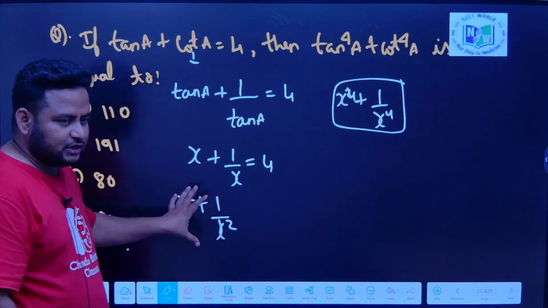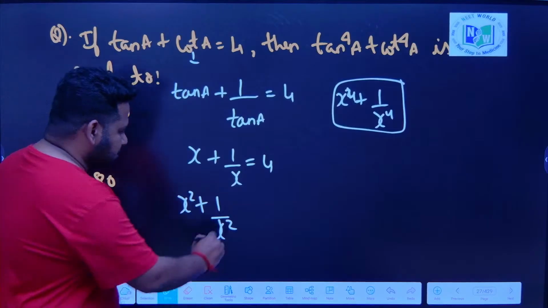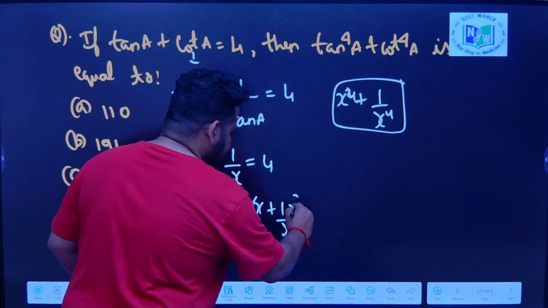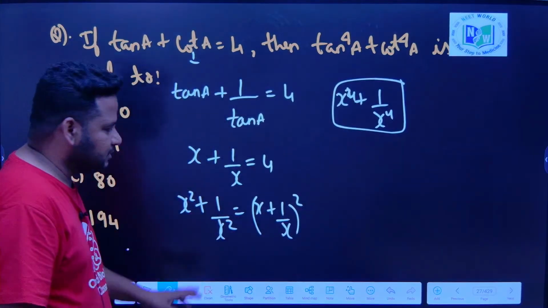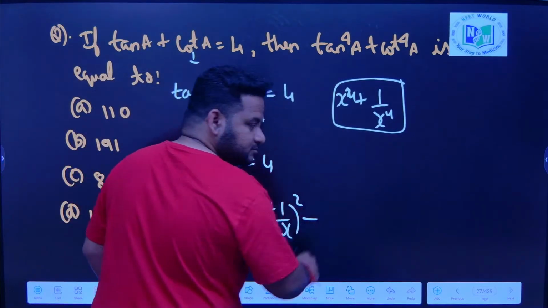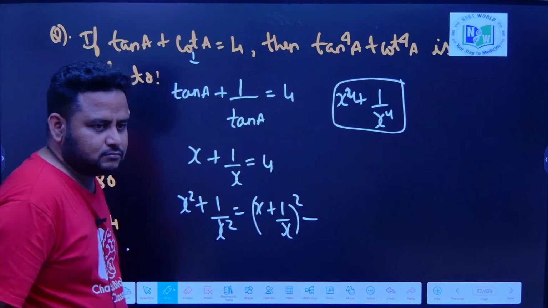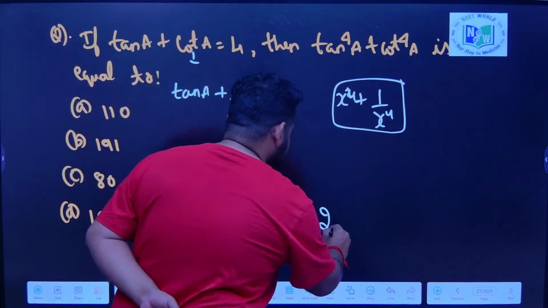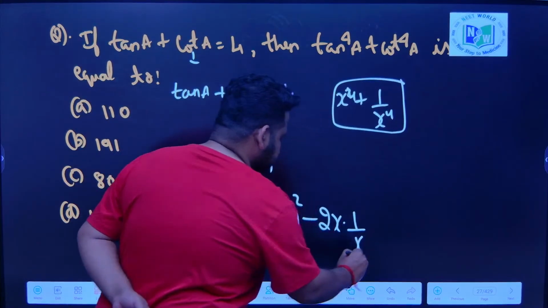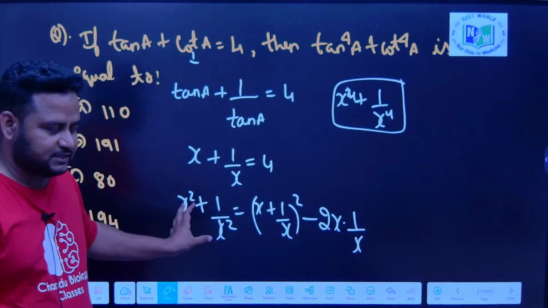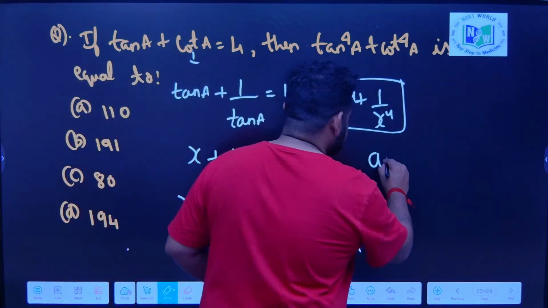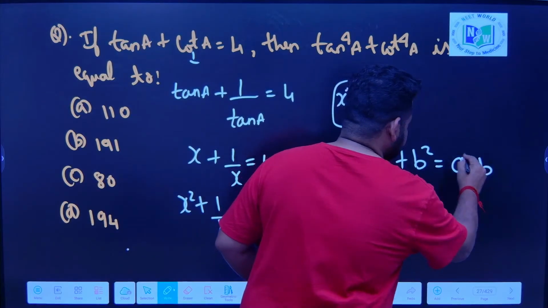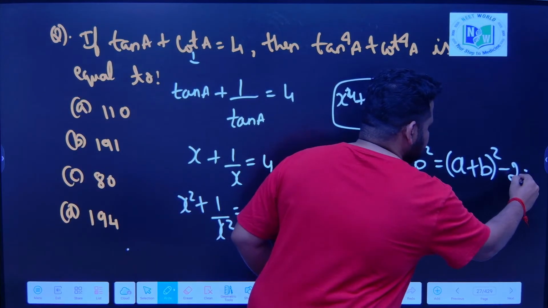To find this, I should write x plus 1 by x whole square minus 2 into x into 1 by x. Understand one thing: the formula for a square plus b square is a plus b whole square minus 2ab.